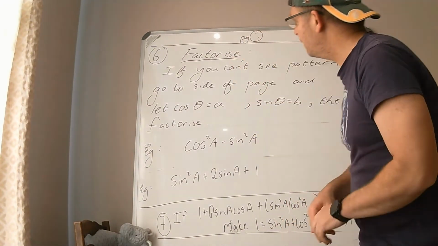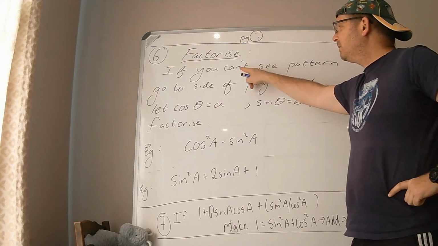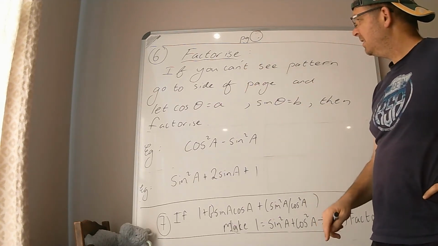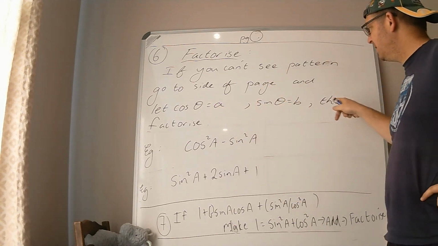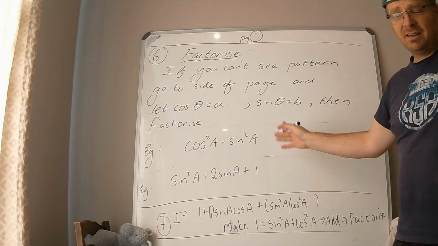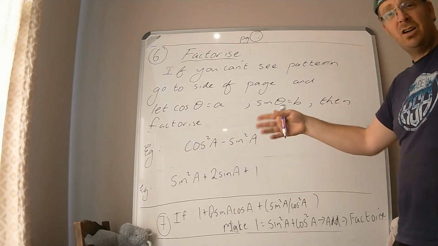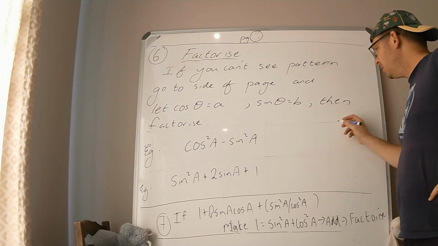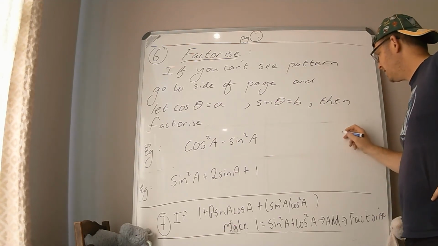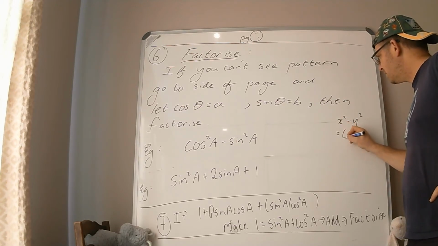Okay, carrying on with your summary of hints for identities. Also, you've got to look to be able to factorize, and if you can't see the pattern, go to the side of your page and let cos theta equal A or sine theta equal B, and then factorize. So for example, if you're told to factorize cos squared A minus sine squared A, you can go straight to the answer if you see it, but if you don't, say, well, if I had A squared minus B squared or x squared minus y squared, what did that factorize to?